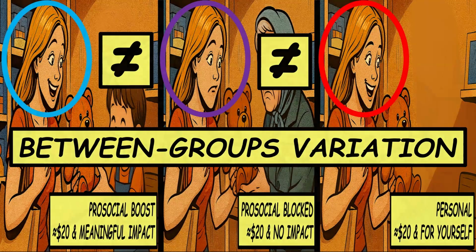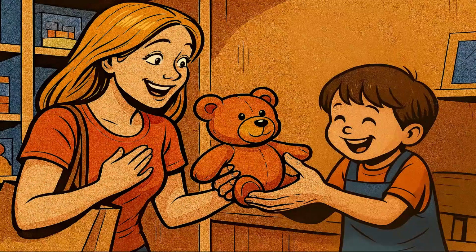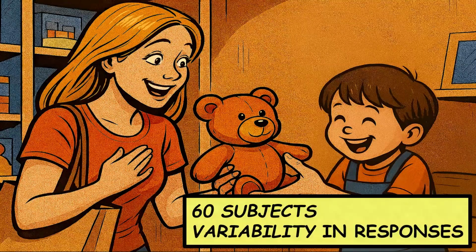We also have what is known as within groups variation. Within groups is basically exactly what it says on the tin. What is the variability within each group? What is the variability within each condition? Because if you recall, we had 60 subjects in the prosocial boost condition. And those 60 subjects gave 60 different answers.